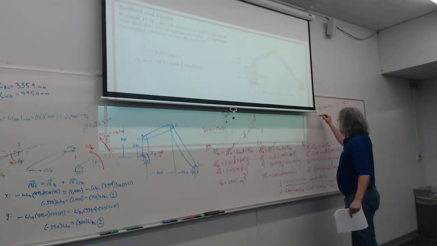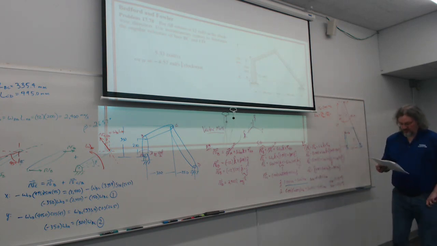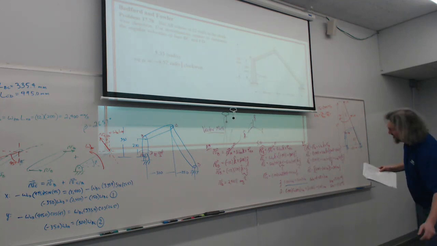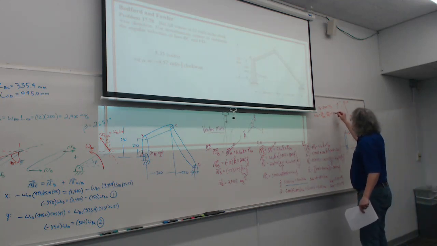Omega BC is going to be equal to the velocity of B divided by R of B with respect to ICR, or 2,400 divided by 450. You can take my word for it, it's 5.333 radians per second.